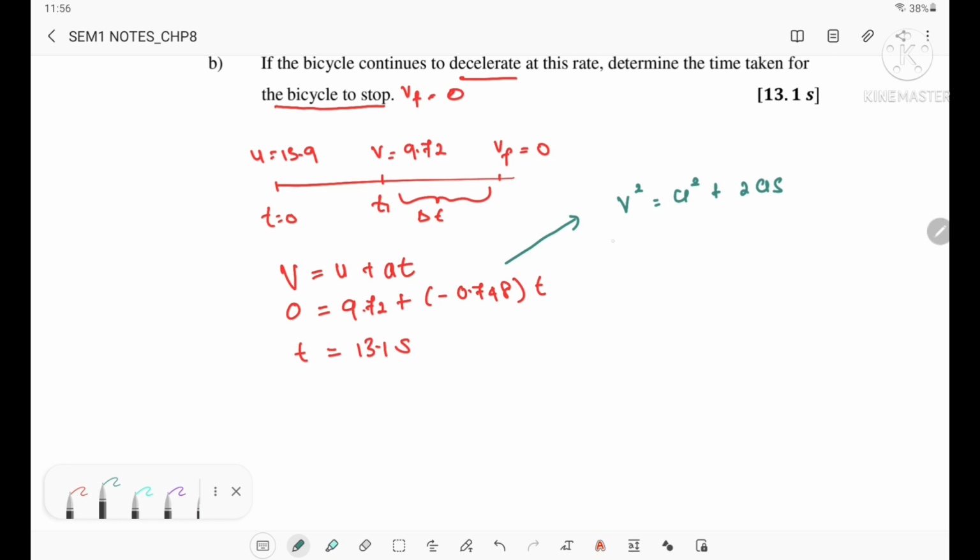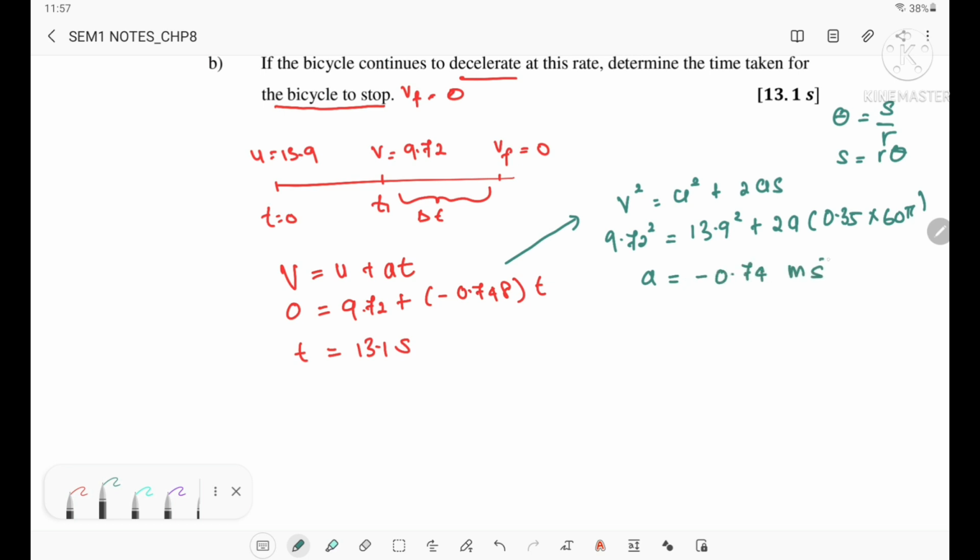So we have v, 9.72 squared equals u, which is 13.9 squared, plus 2a times s, which equals 0.35 times 60 pi, because theta is equal to s over r, and you can calculate that s equals r theta. Then we can get the value for the acceleration, which is equal to minus 0.74 meter per second squared.